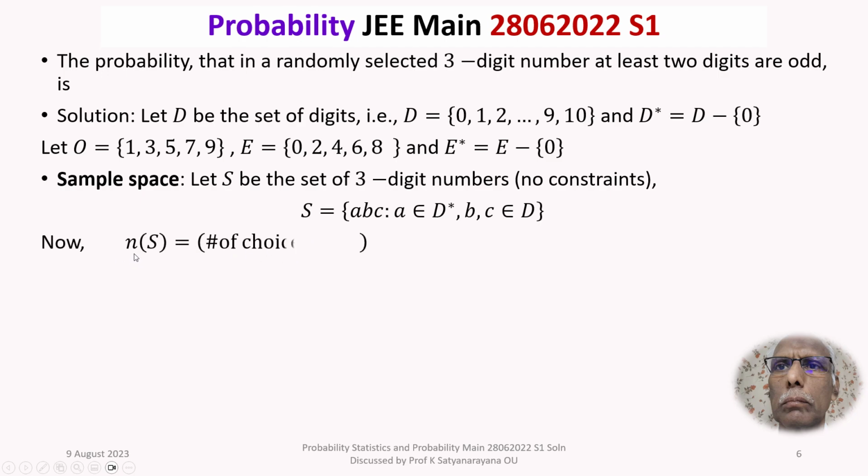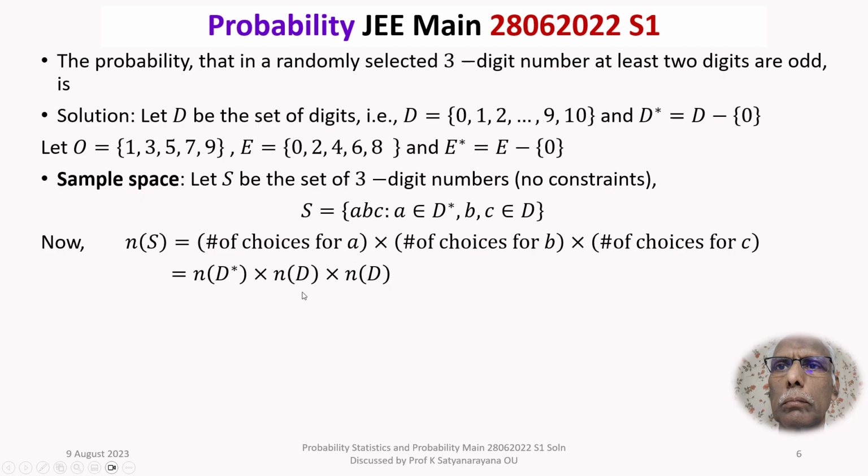n(S) is the number of elements in S. By the product rule of counting, it will be the number of choices for A multiplied by the number of choices for B multiplied by the number of choices for C. The number of choices for A is n(D star), because A belongs to D star, into n(D) for B, into n(D) for C. n(D star) is 9, n(D) is 10.